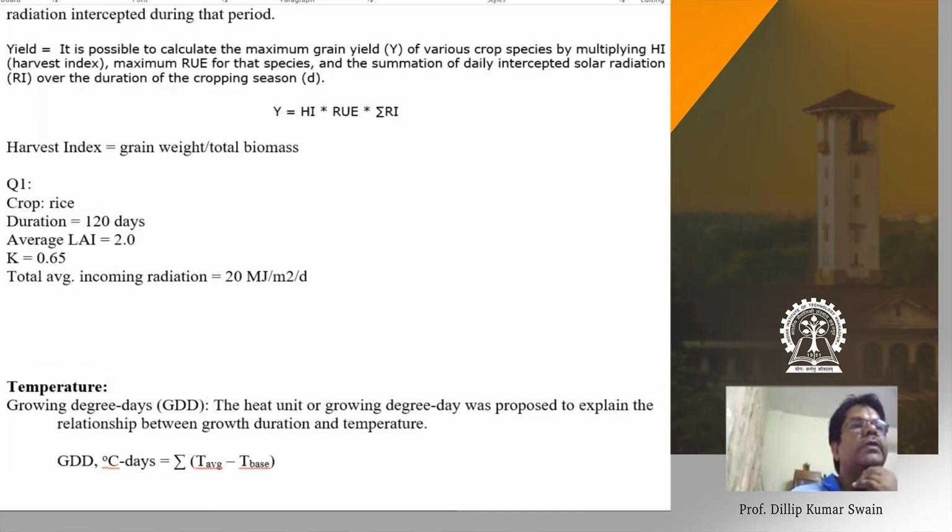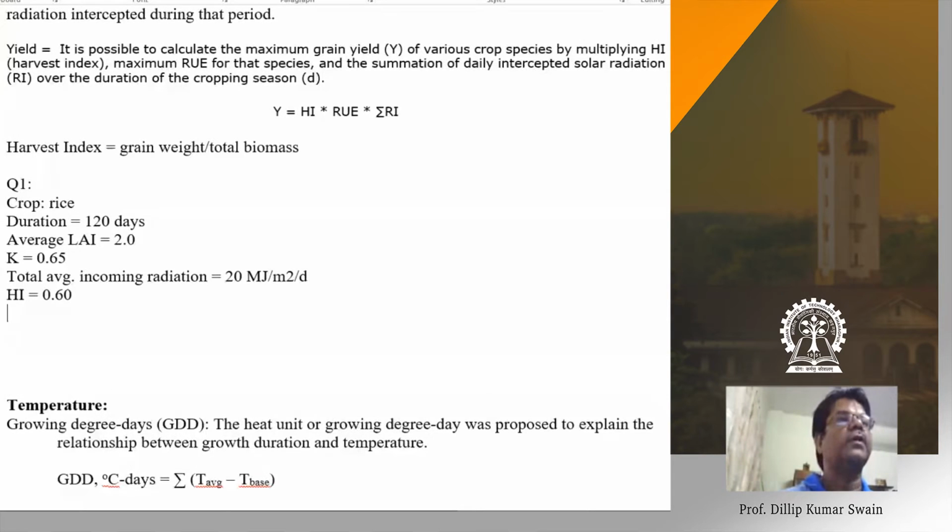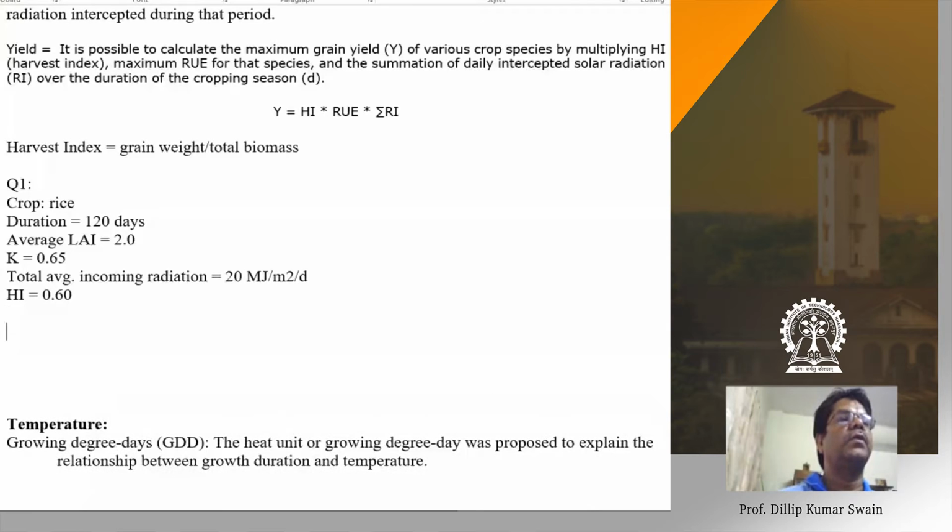Rice 120 days LAI, okay. Harvest index HI is equal to 0.60. Okay. And what is the total biomass at maturity?